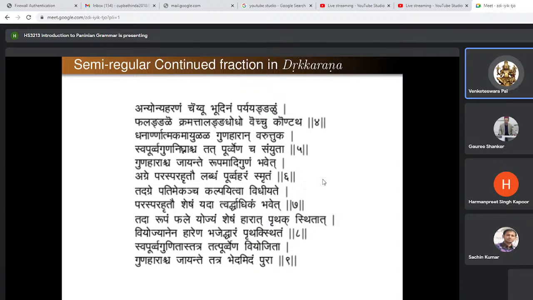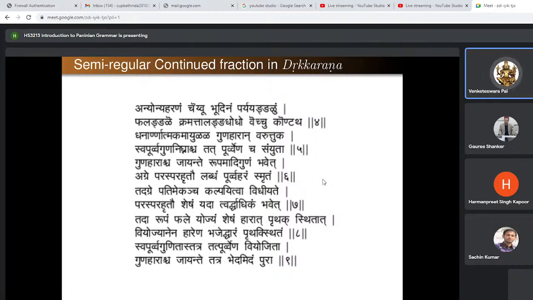We have used the term semi-regular, but it is actually the nearest integer continued fraction technique. And it is composed in the Manipravalam language. So it goes like this: Anyonya haranam cheyu bhudinam paryayangalum phalangale kramattala dhodho vechatu kondatha. The technique is almost the same as the second method of Karana Paddhati.